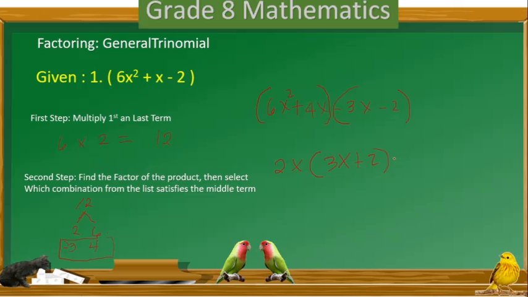It is negative 1. So negative 3x divided by negative 1 is positive 3x. Negative 2 divided by negative 1 is positive 2. Meaning to say that the answer is 3x plus 2 times 2x minus 1. Okay, this is the answer.